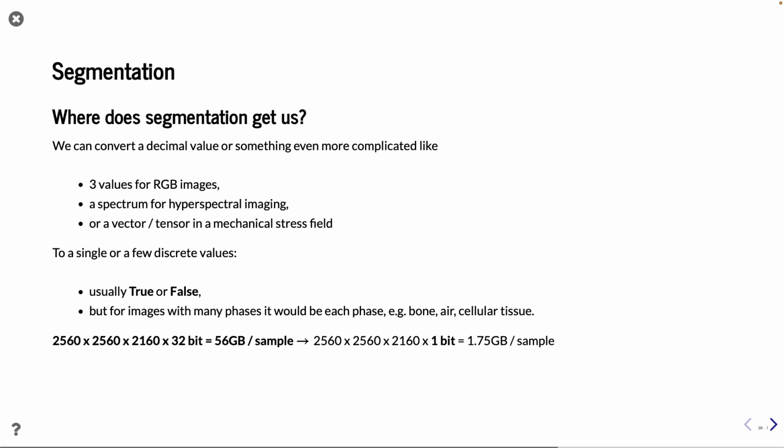With that reduction, we reduce our 32-bit image of 56 gigabytes into maybe a 1 or 2-bit image, and then we are down to about 2 gigabytes per sample, and that can actually be handled in a normal computer. With 56, you need a pretty big workstation with a lot of RAM in it.